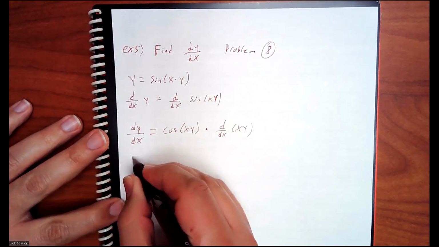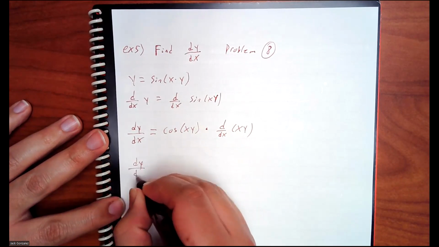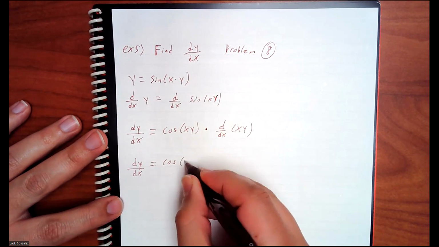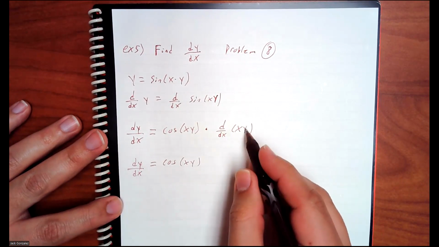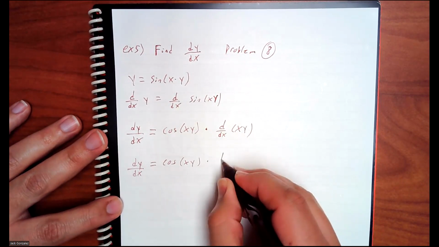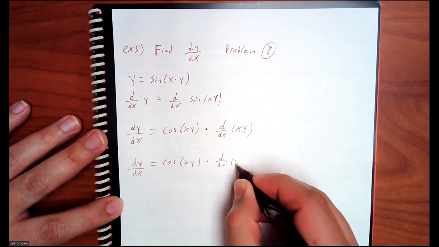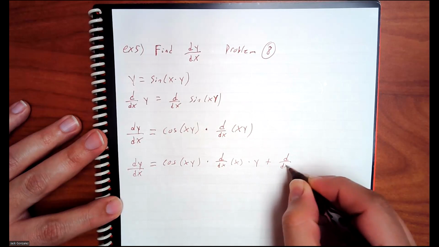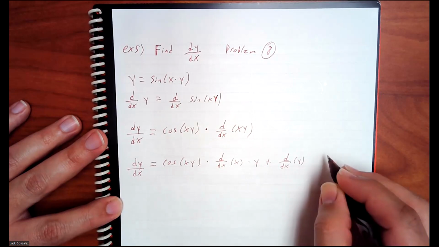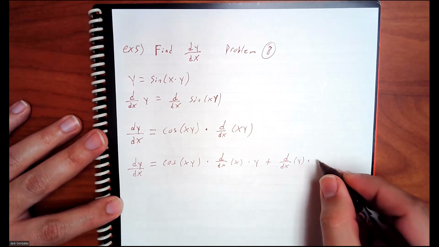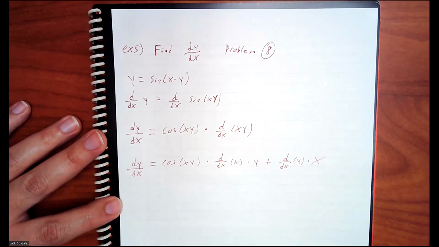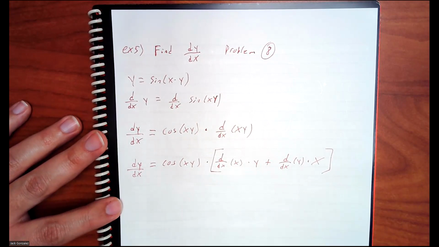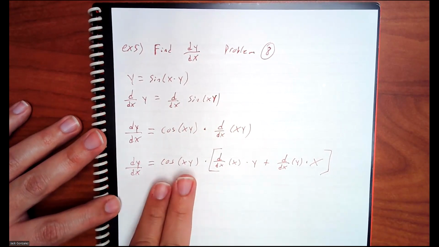So, sounds annoying. The derivative of the x times the y plus derivative of the y times the x. All of this is in here. This part's done. Who cares?